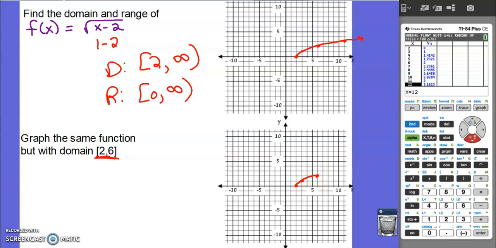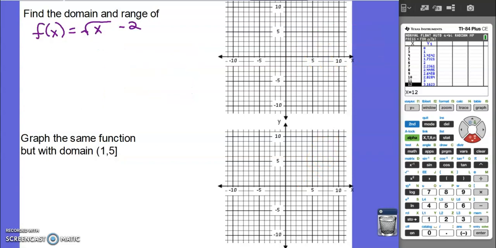So literally all the numbers, 2.1, 2.2, 2.3. So we're literally going to be talking about just the domain from there to there. So again, it's this same function, but I'm literally cutting it off from x is 2 to x is 6. So literally that function is what I'm graphing down here. So that's what I'm going to be looking for, is graphing a function with a restricted domain.